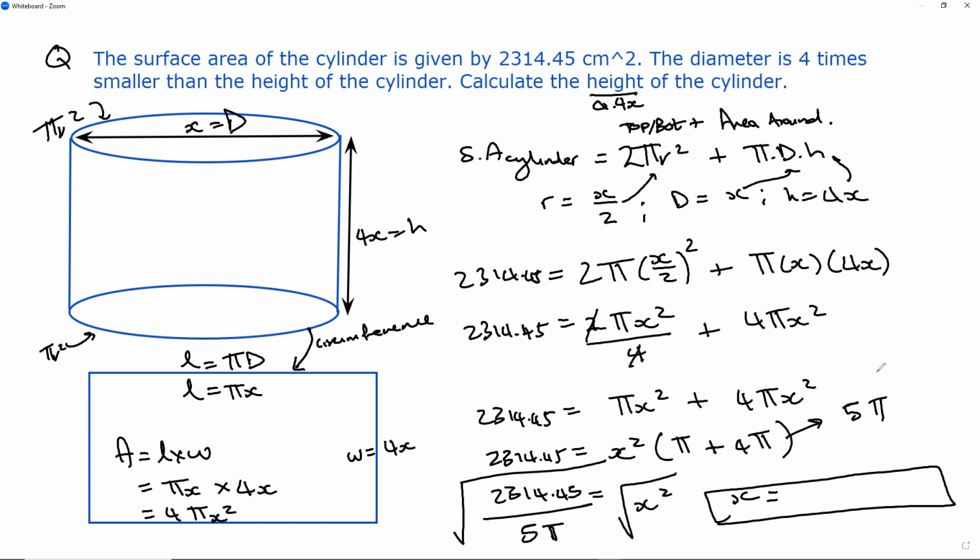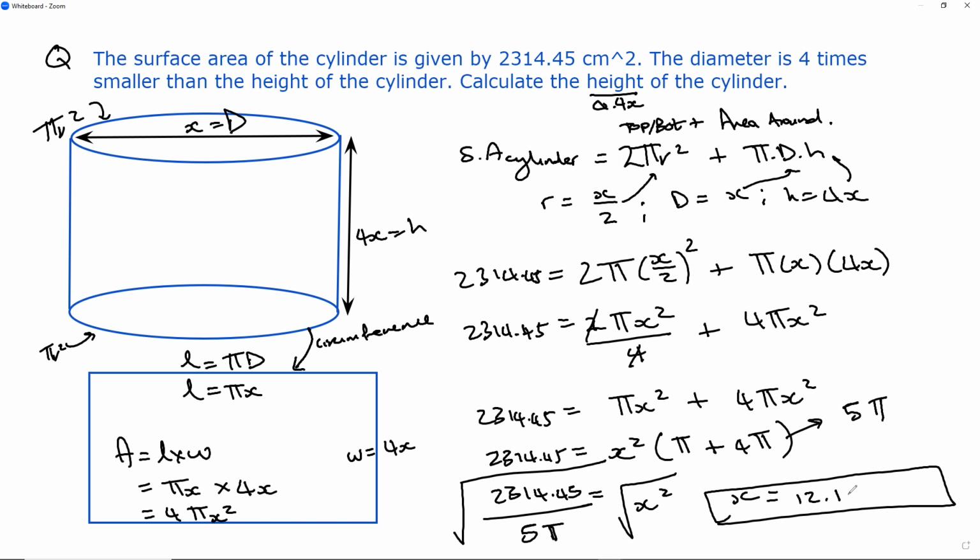And I now put this on a calculator carefully. We press the square root button, then we press fraction, then we put 2314.45 at the top, and at the bottom we put 5 shift pi, and it comes to our answer 12.1 to three significant figures.